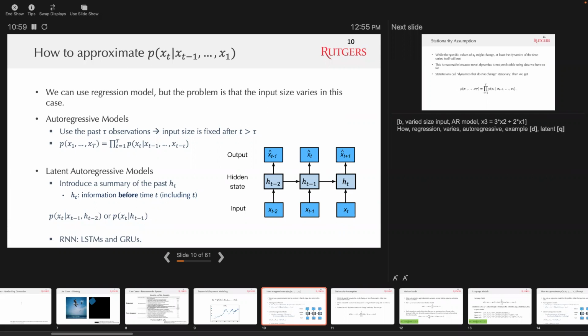Good question. So when you're using, for example, this autoregressive model with tau equals 2, it's basically making the assumption that only the previous 2 time steps can affect the current value. Yeah, so this is the assumption.